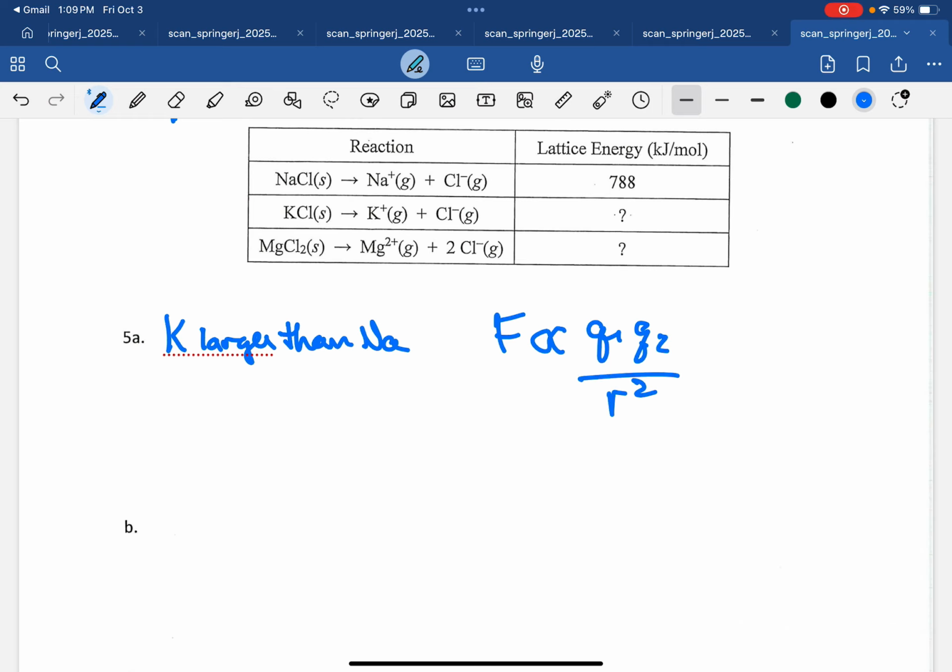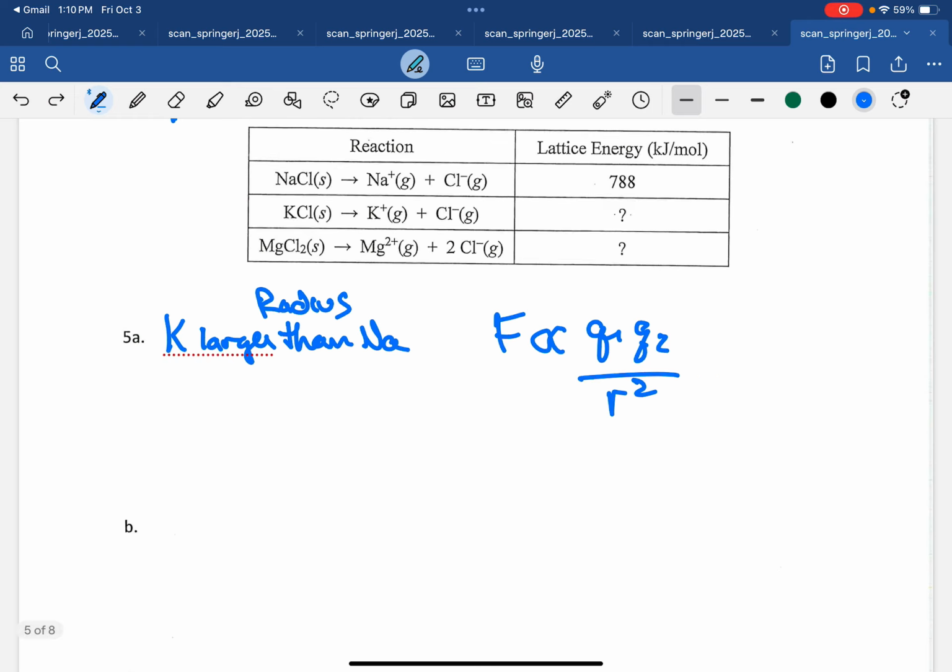With K being a larger radius, the R squared value, the distance between the potassium and the chlorine, will be greater than between the sodium and the chlorine. So you get a greater R squared, and if R squared is bigger, then F is smaller.